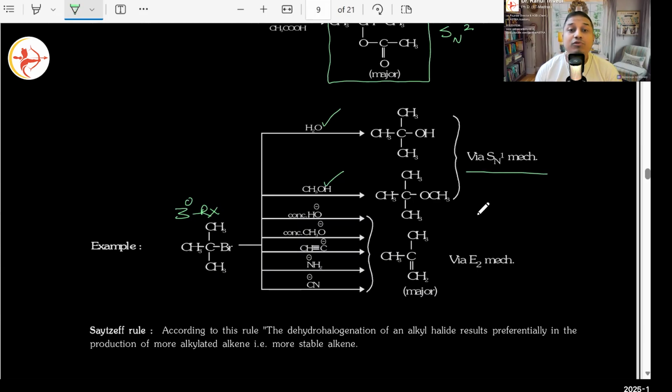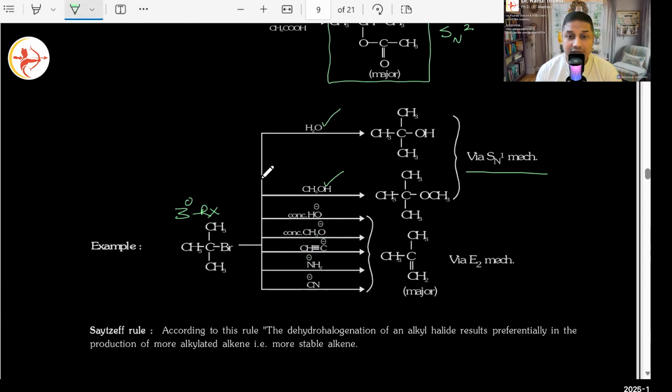If and only if you go for concentrated hydroxide ion or concentrated methoxide ion or any alkoxide ion or some stronger bases, correct, like CH3 triple bond C minus or NH2 minus or CN minus, these are all compared to be stronger bases. I hope it is clear.